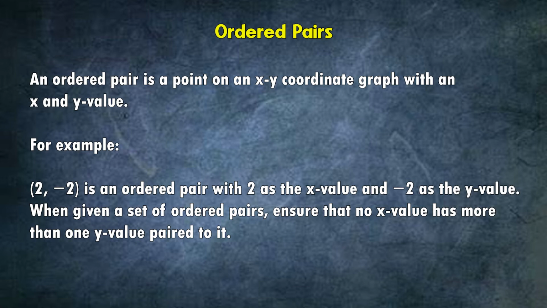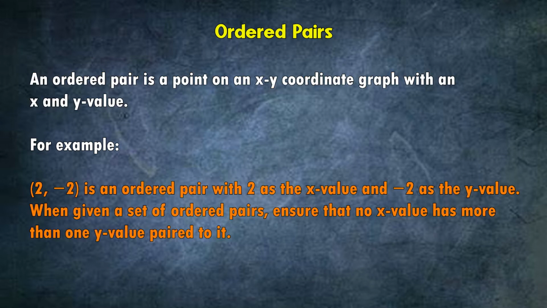Ordered pairs. An ordered pair is a point on an xy coordinate graph with an x and y value. For example, (2, -2). This is an ordered pair with 2 being the x value and -2 being the y value.